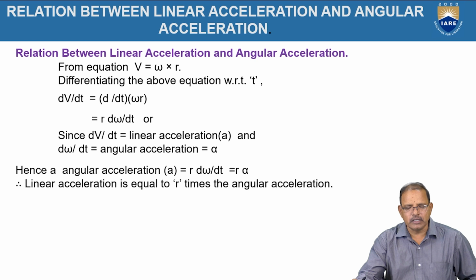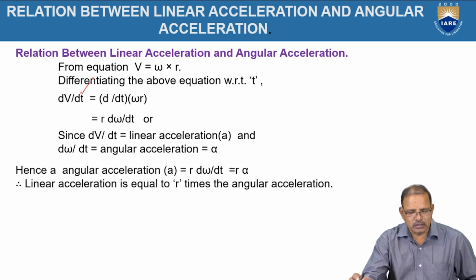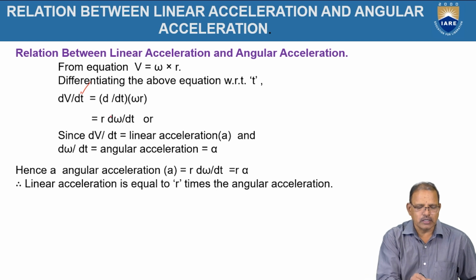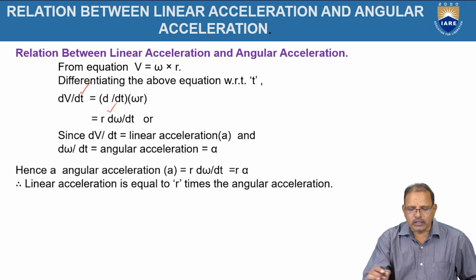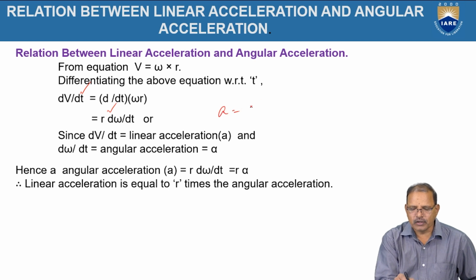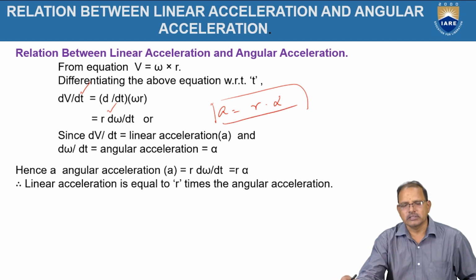The relation between linear acceleration and angular acceleration is given by linear acceleration a is equal to the rate of change of velocity dv by dt, which is equal to r into d omega divided by dt, that is, we can write a is equal to r into alpha. Here a means the linear acceleration of the body, and alpha is the angular acceleration.